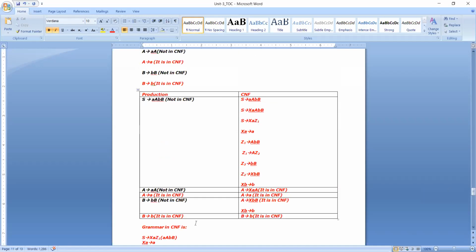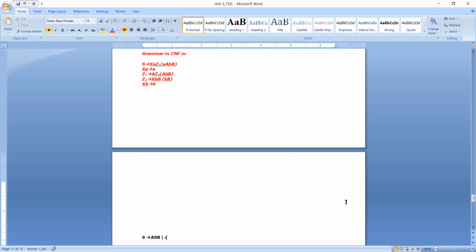Small a capital A, small b capital B. Yes, the same production is available for us.